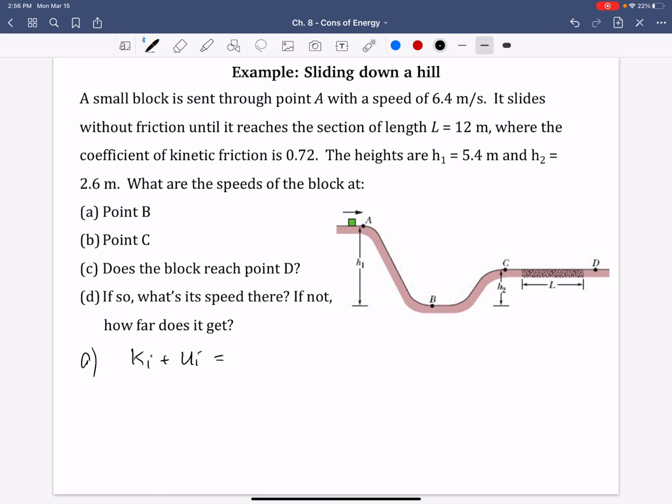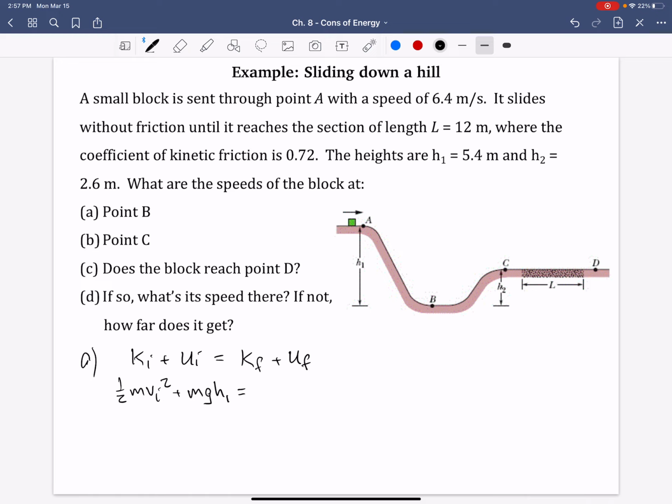Thus, energy initial equals energy final. There we go. Now let's just plug in the expressions. So initially, 1/2 m v initial squared plus m g, and they call that initial height h1.